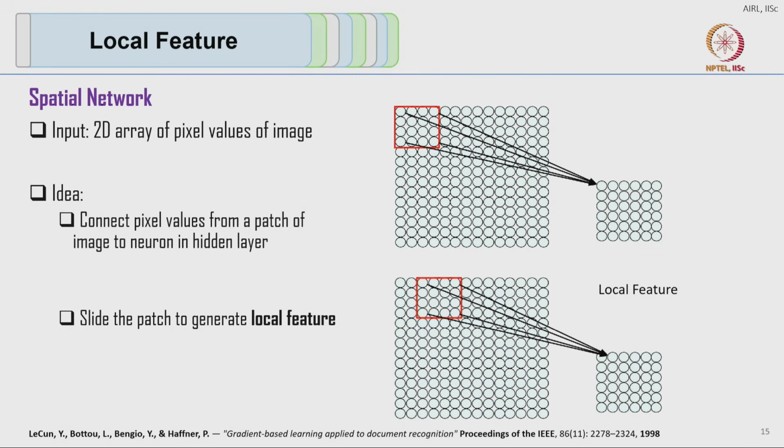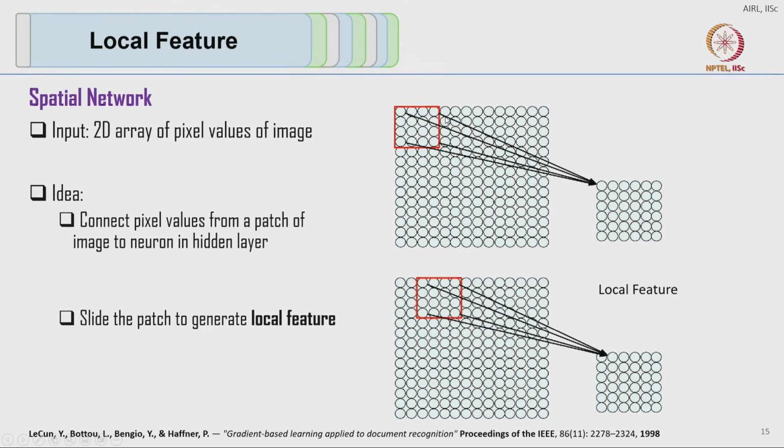Now, what you need to understand is that it has a spatial network. Let's say there is a 2D array of pixels, right? That's my image. And there is a filter which is extracting a feature, right? This is a bigger image and I am using this particular patch, and from that patch I am going to extract something, right, and the extracted information I am representing as a single point here.